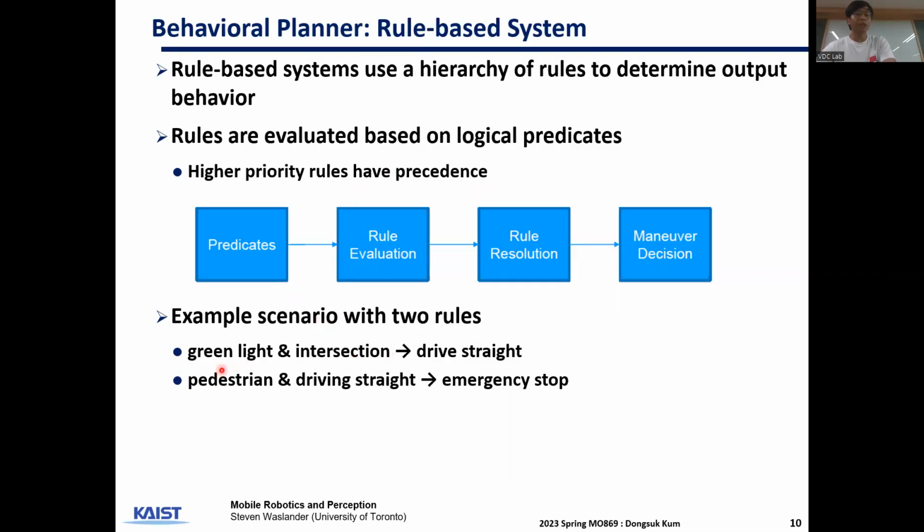If there is a green light at the intersection, then the action that the vehicle must take is to drive straight. Or if there's a pedestrian and the vehicle is driving straight, then the action that the vehicle must take is to stop, do an emergency stop.